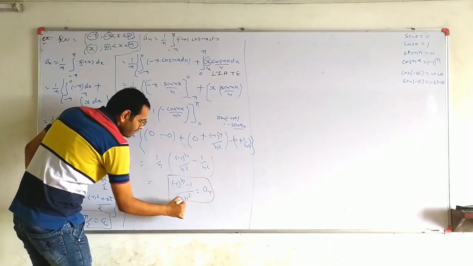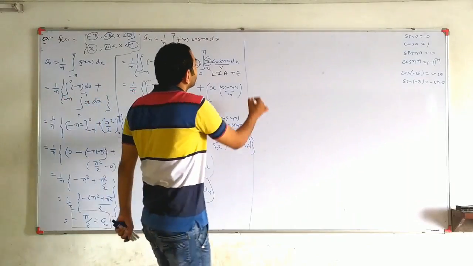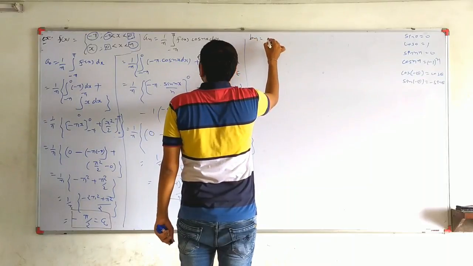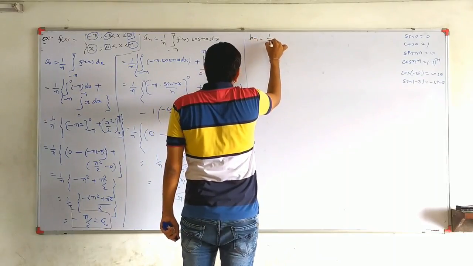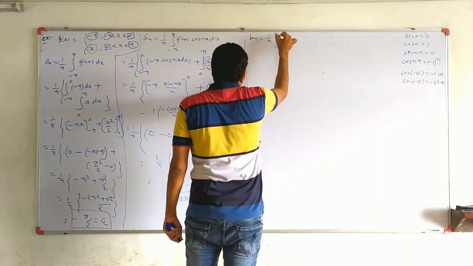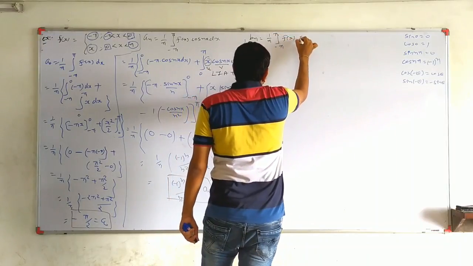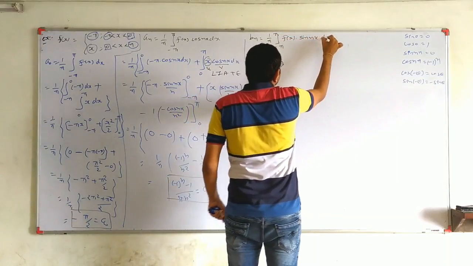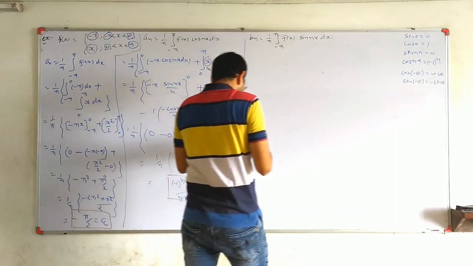Similarly, we can find bn. bn equal to 1 upon pi, integral minus pi to pi, f of x sin nx dx.